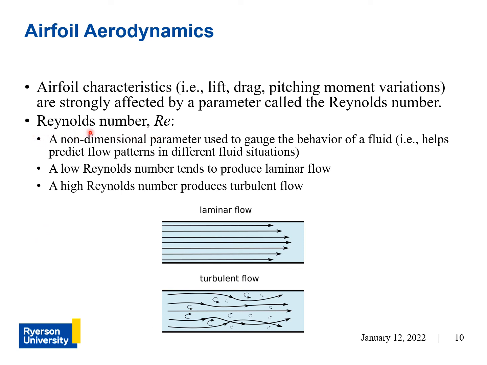It's just a quantifying number that helps you gauge the quality of the flow. Low Reynolds numbers have more orderly flow, while higher numbers are more chaotic.